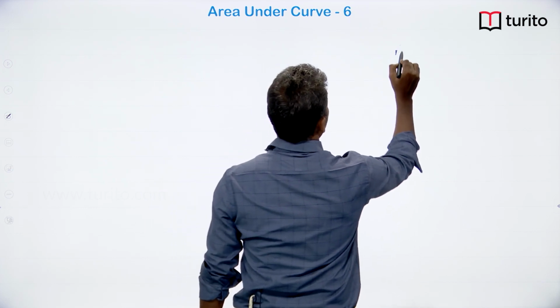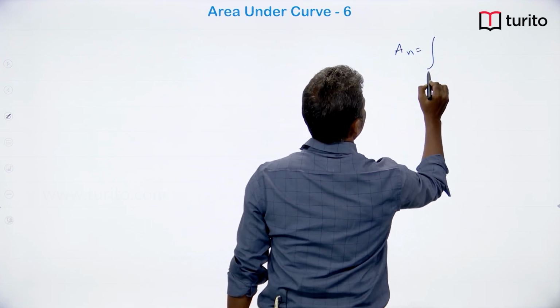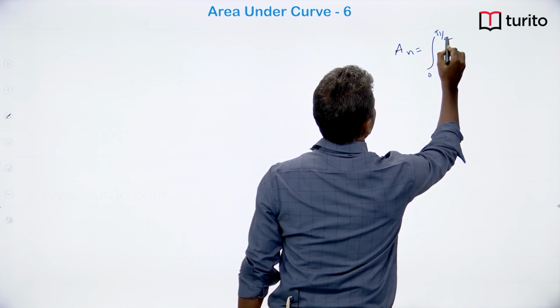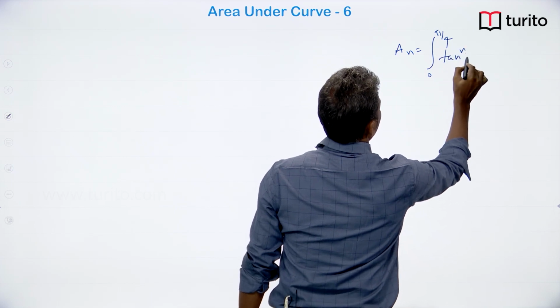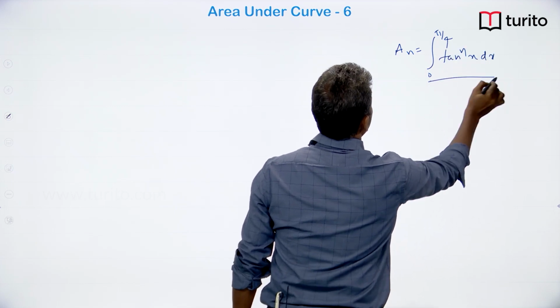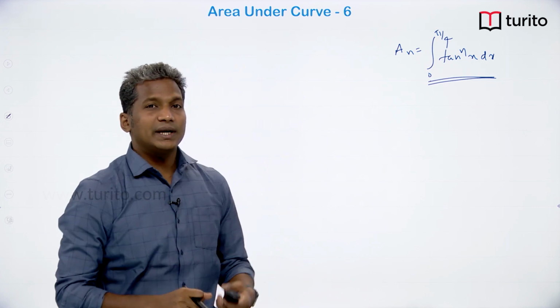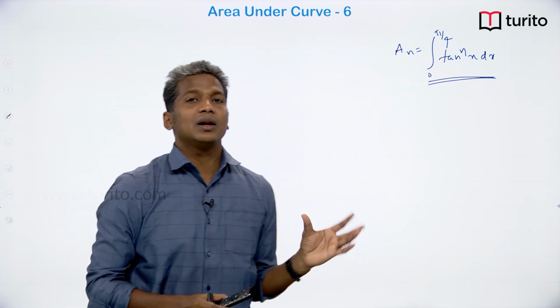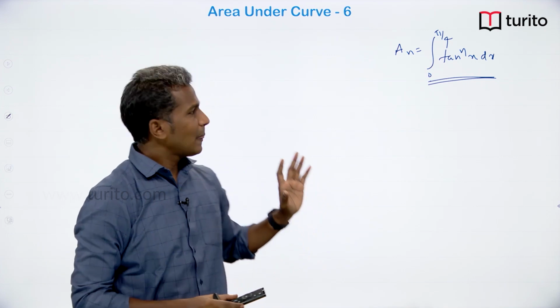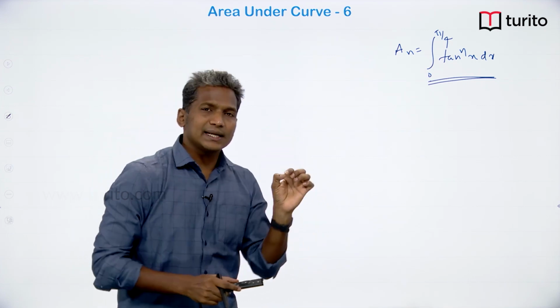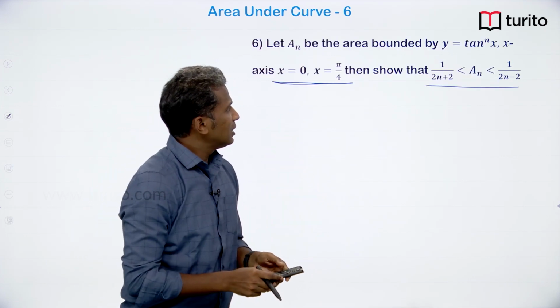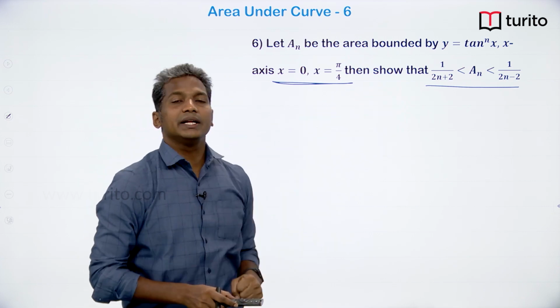Okay, so a n is basically going to be the integral from 0 to pi by 4 of tan raised to n x dx, and this cannot be directly integrated without the help of reduction forms or something. So this is not exactly a proper one. Okay, but we have to generate an inequality here.